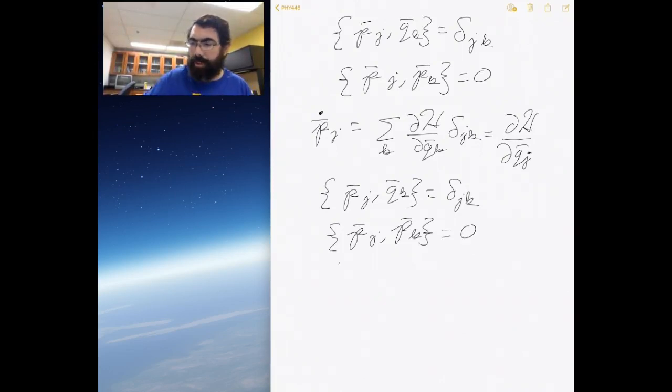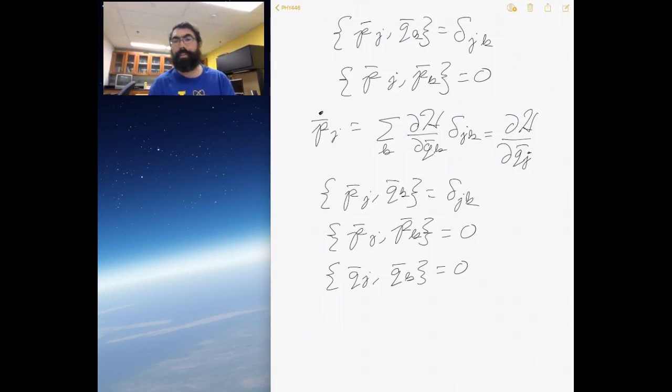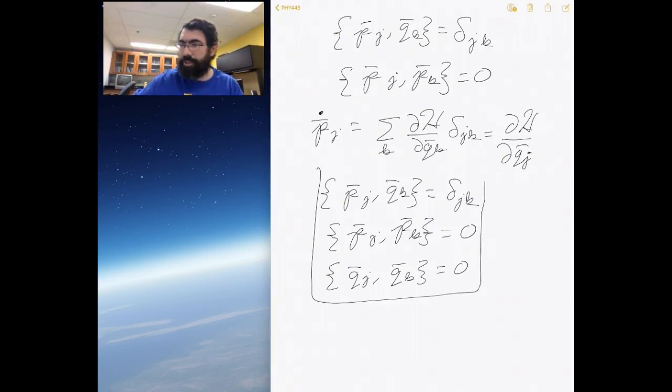And from the previous video, the same thing is true with the position components. The Poisson bracket of the positions is 0. So that leaves us with this condition. This is the condition now to ensure that there is a canonical transformation.